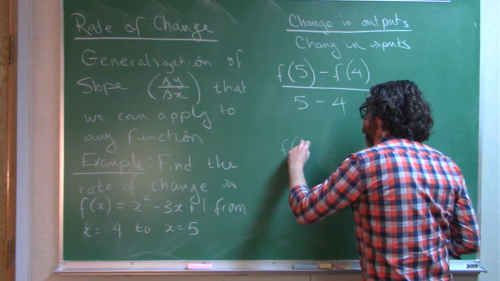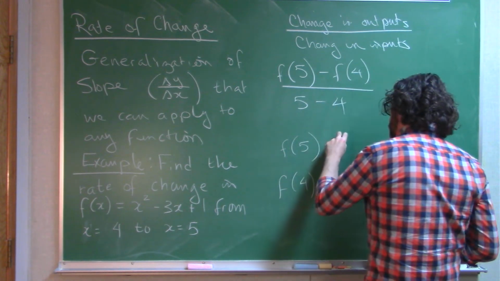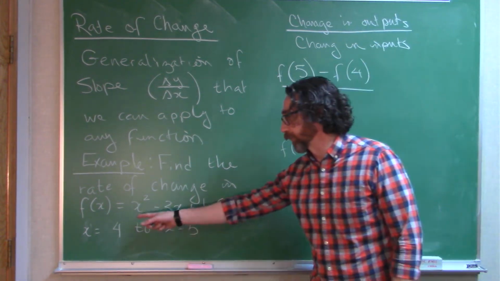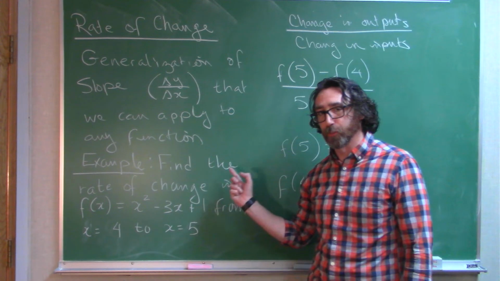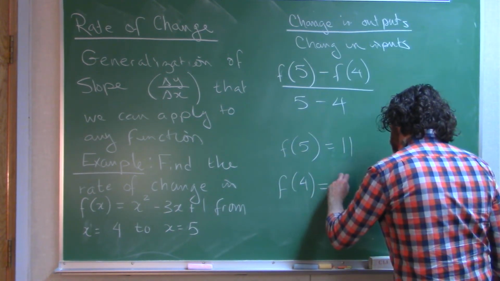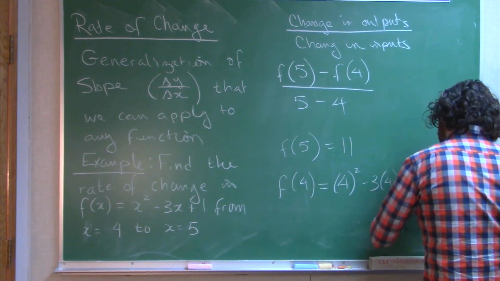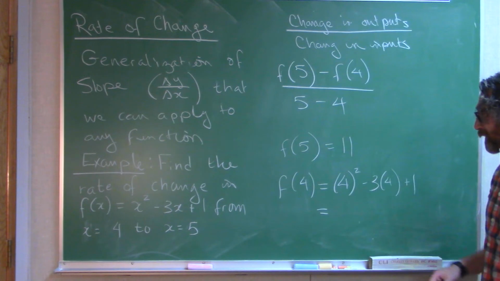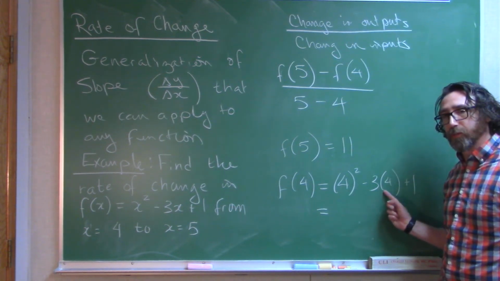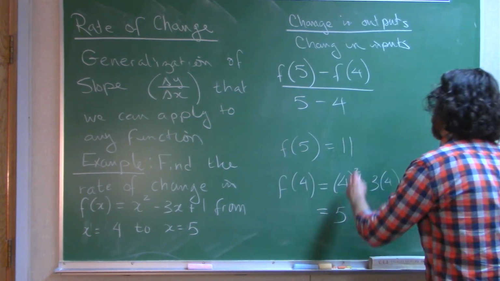We have to figure out what these two things are. Okay, now f of 5 is going to be 11 again. We computed that last time, right? 5 squared is 25, minus 15 is 10, plus 1 is 11. Okay, we already did that. We do need to do a little bit of work to figure out f of 4. 4 squared is 16, 3 times 4 is 12. 16 minus 12 is 4, plus 1 is 5.